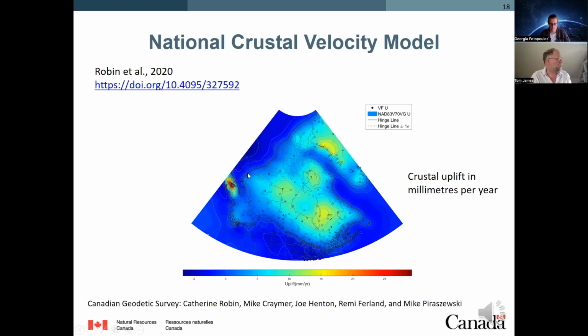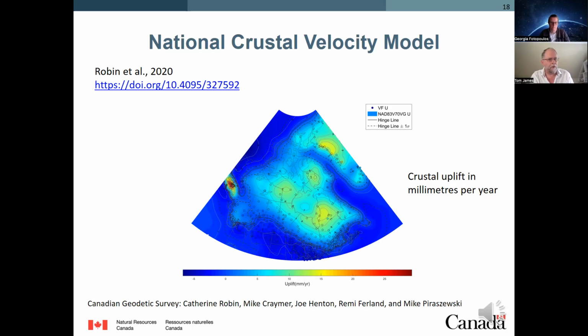this vertical land motion. And here is a map showing vertical land motion from the Canadian Geodetic Survey land motion model. It's constrained by GNSS observations on bedrock, so Global Navigation Satellite System observations, and informed by predictions of glacial isostatic adjustment models.